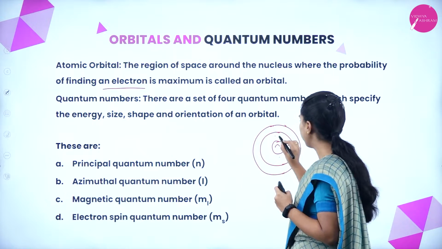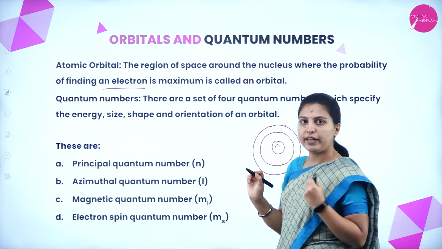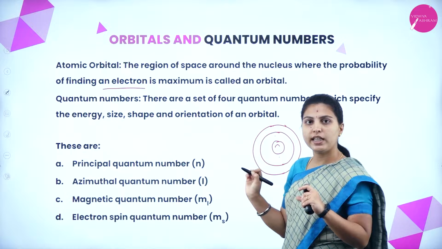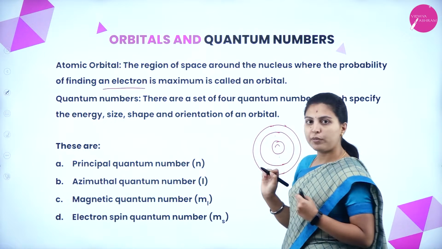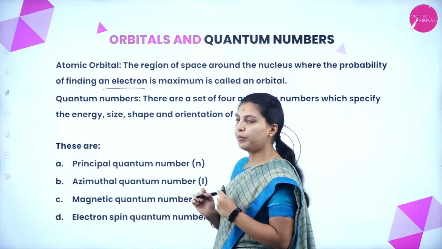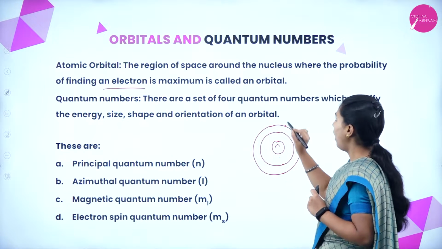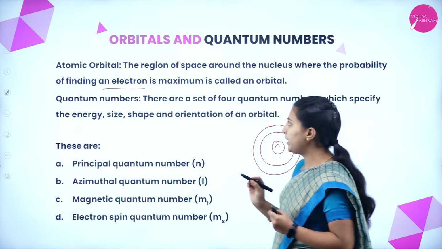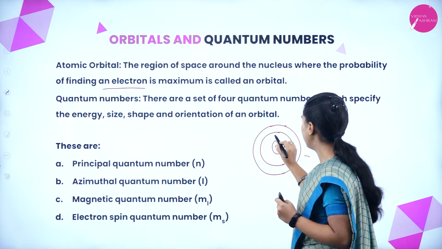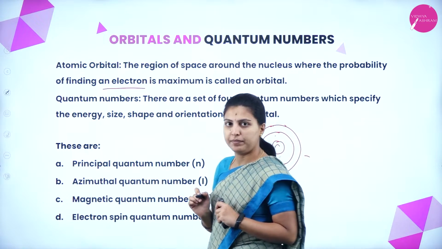This is the orbit. The probability of finding an electron between the nucleus and the orbit is called an orbital, and that orbital is known as an atomic orbital. Once again, the region of space around the nucleus where the probability of finding an electron is maximum is called an orbital.